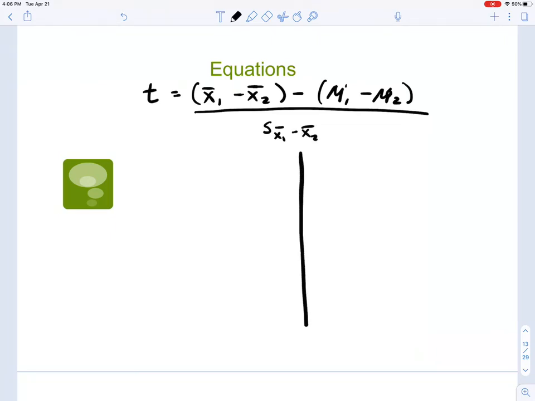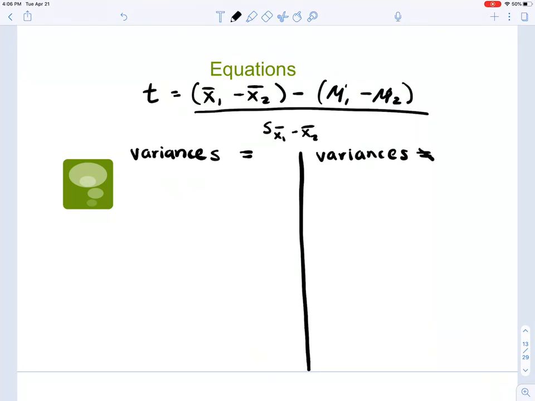But we are going to have two different situations. So the first one would be if our variances are equal, and then the next one would be our variances are not equal.